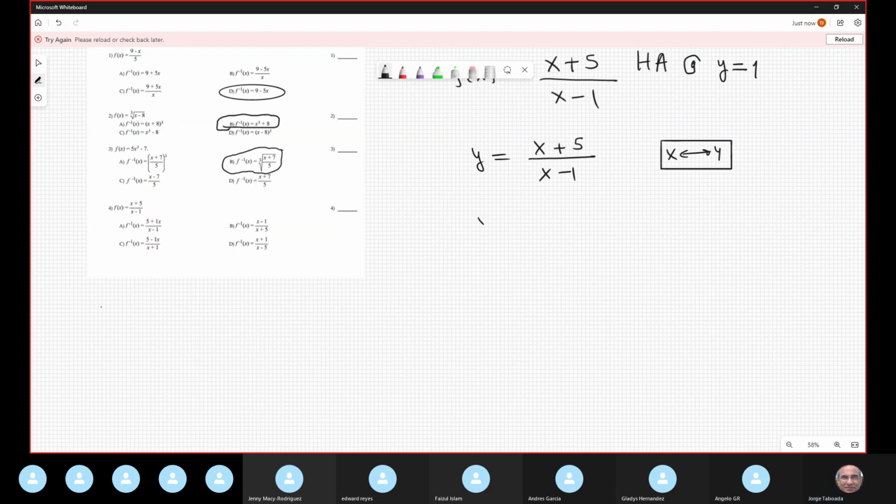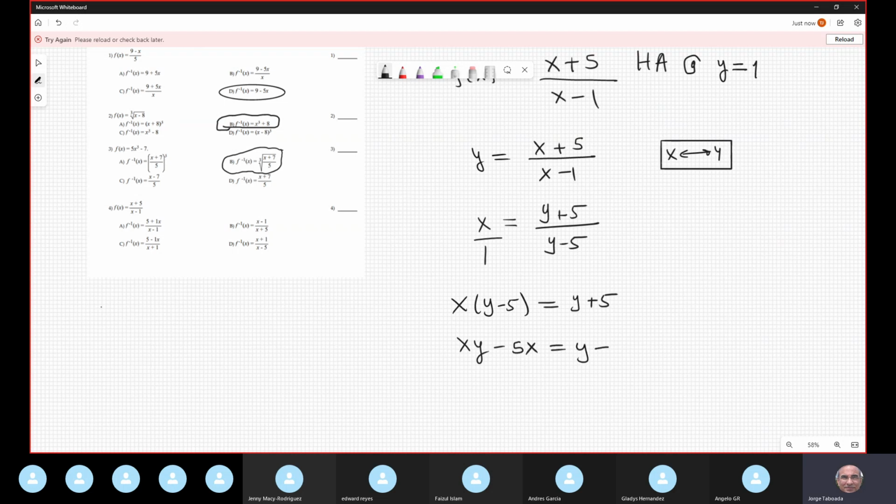You put it here, x equals y plus 5 divided by y minus 1. Remember, you interchange x and y, but in order to find the formula for the inverse, you solve for y. It's easy. You apply cross multiply like that, boom, boom. So x times y minus 1 is equal to 1 times y plus 5. You apply the distributive property: xy minus x is equal to y plus 5.